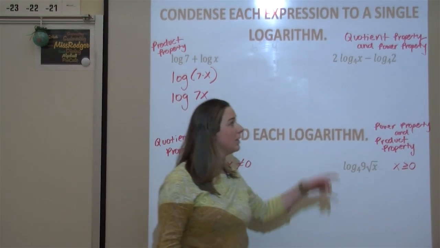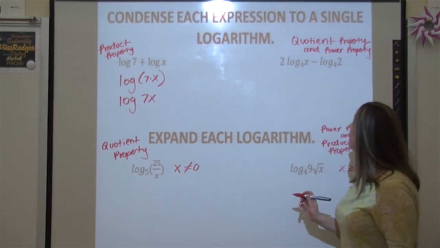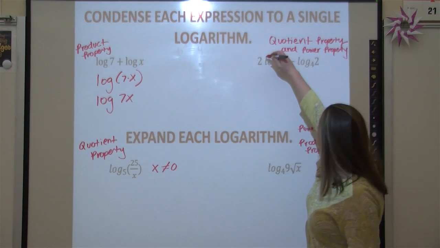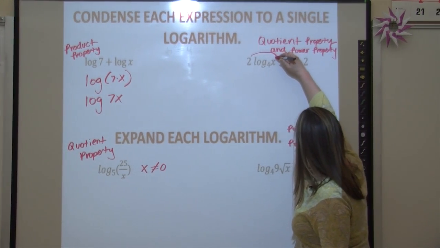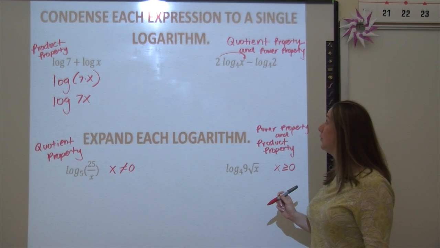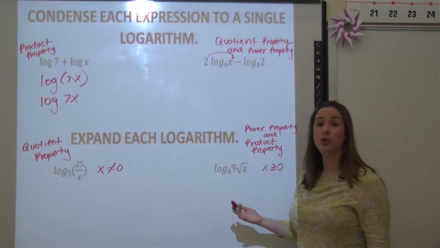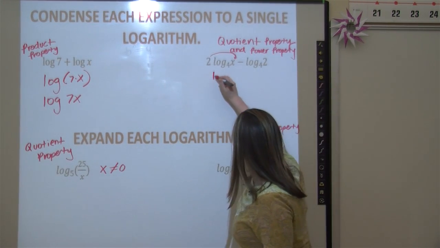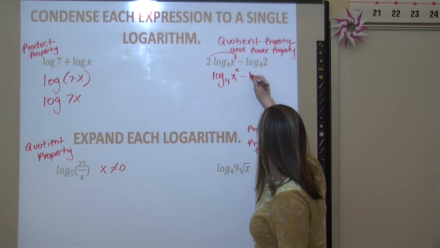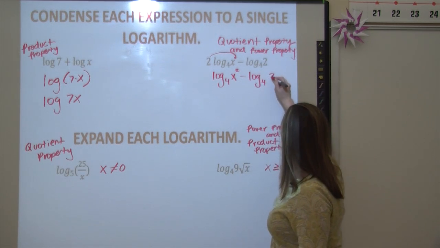For this problem, we're going to use the quotient property and the power property. So I first want to illustrate the power property by bringing the 2 that's in front of log base 4 of x to the exponent. So I'm going to write this as log base 4 of x to the second minus log base 4 of 2.